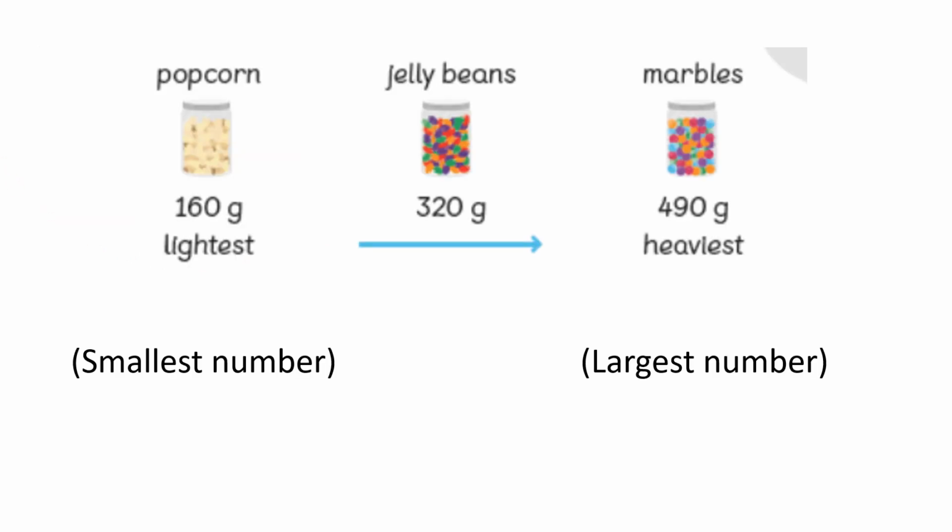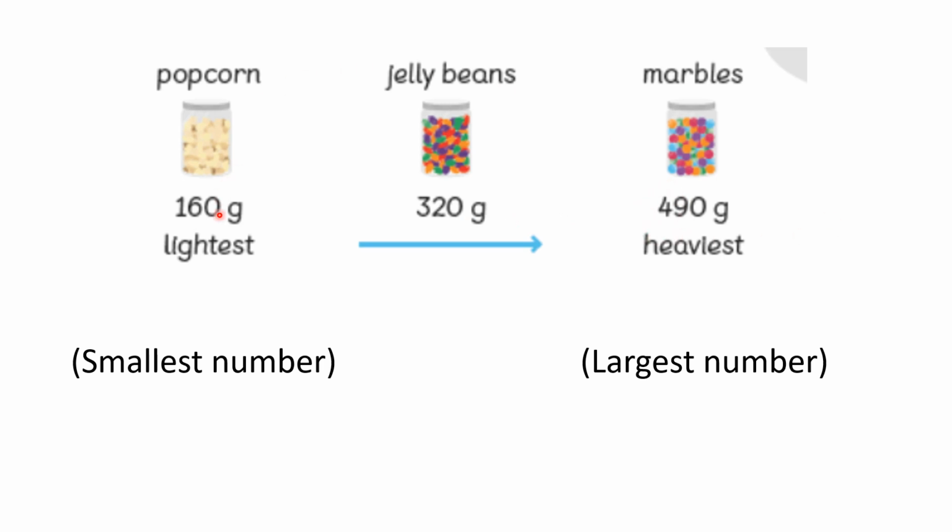Okay, so hopefully we found that the popcorn was the lightest mass. The jelly beans had the second lightest mass, or they came in the middle, and then the heaviest mass was the marbles. And the way that we knew the popcorn was the lightest was because 160 is the smallest number out of the three, and we know that because in 160 there is only 100, whereas in 320 there are 300s, and in 490 there are 400s.